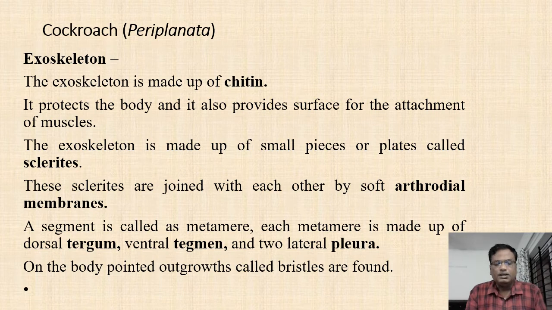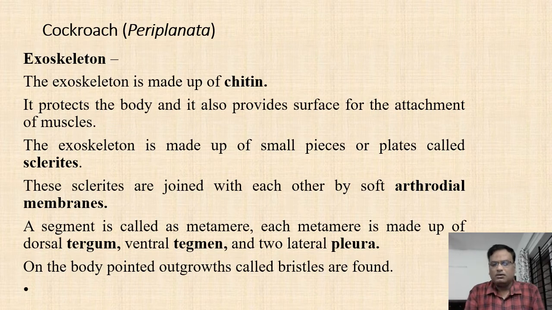And the exoskeleton is made up of small pieces or plates called sclerites. The sclerites are joined with each other by soft arthrodial membranes, because in many places wherever these sclerites are joined with each other, there is a need for flexibility and movement. So that is achieved by the presence of the soft membrane-like substance called arthrodial membrane.